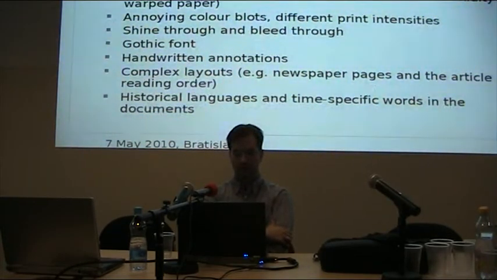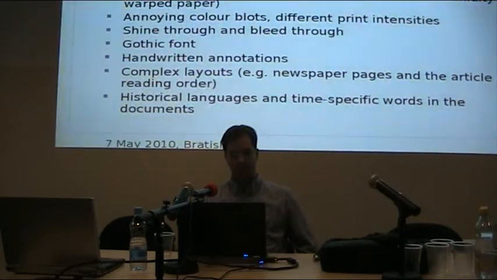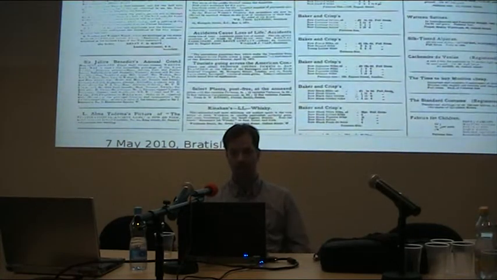Annoying color blots, different print intensities, shine through and bleed through on the pages, Gothic fonts, mainly in German papers, handwritten annotations, complex layouts, historical languages, and so on. Those are mainly the challenges that we find in many of the materials in libraries. I will come to some of those in detail now.